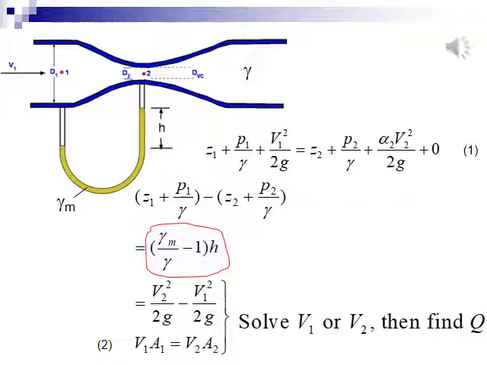Now write the energy equation between the entrance section and the throat section. It's section 1 on the top. Pay attention, both sections are GVF sections. Note there's a U-shaped differential manometer with its two ends connecting the two sections respectively.